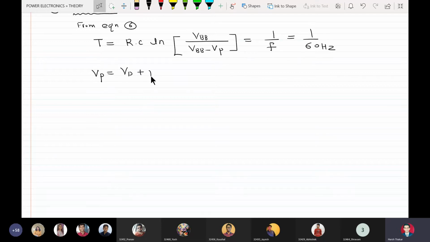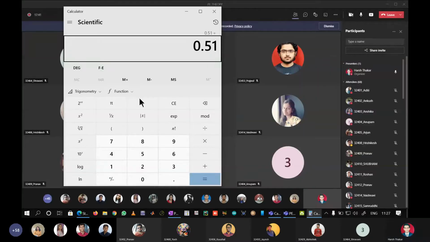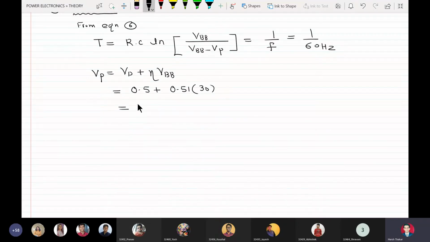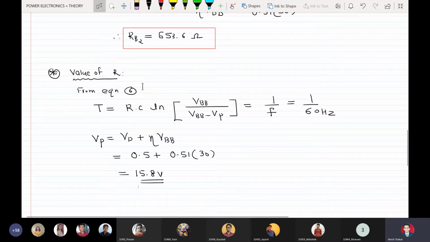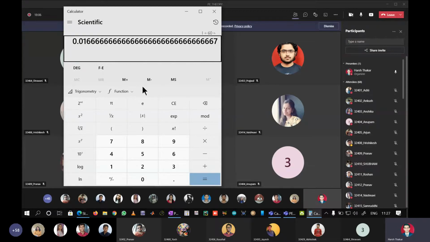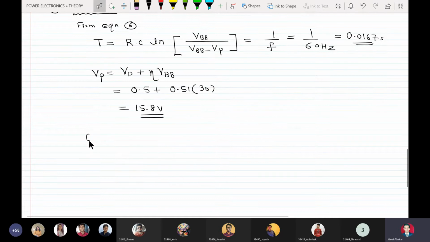VP is VD plus eta VBB, which is equal to 0.5 plus eta VBB, and capital T comes out to be 0.0167 seconds.